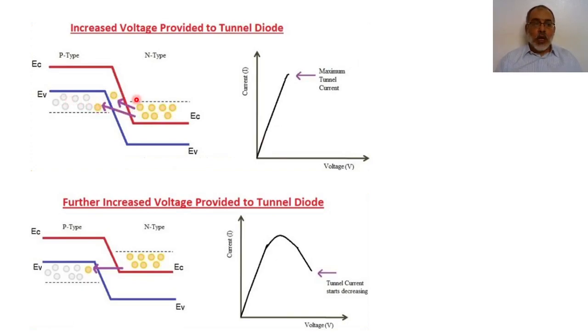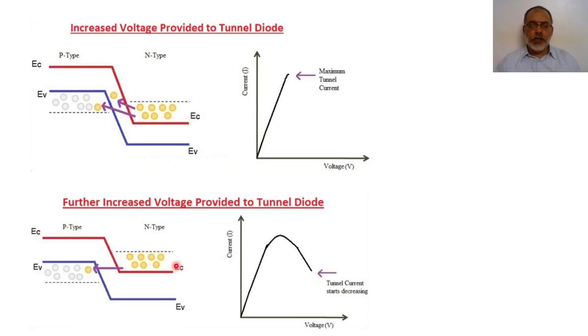After a while, the conduction band of the N type will be nearly at the same level as the valence band. So in this case, the opportunity for tunneling electrons will decrease because we have a less direct way from the conduction band to the valence band of the P type. So the tunneling current will decrease.